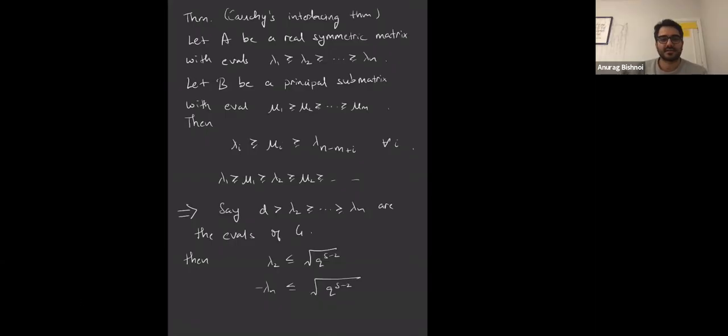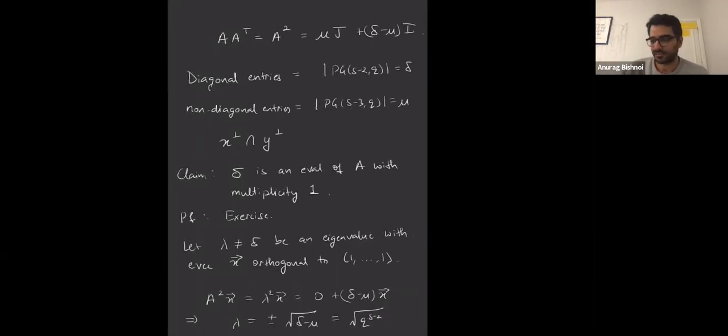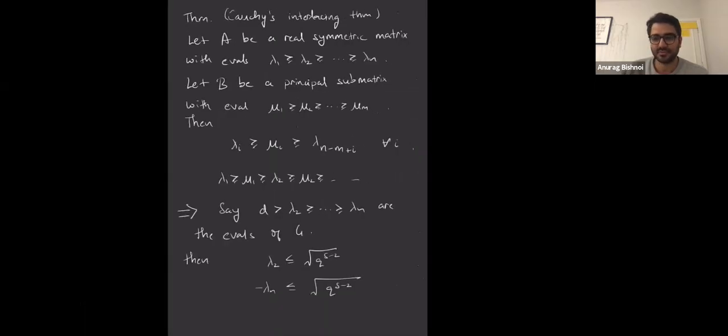Right? This implies that in absolute value, the second largest eigenvalue is what we want it to be. Cool. So we have proved what we wanted to, and I think I have overshot by a couple of minutes.